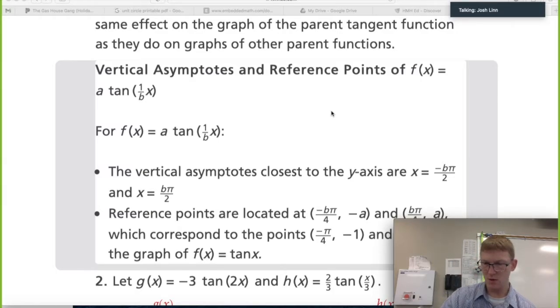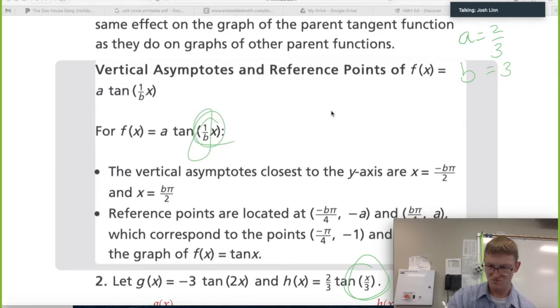So our A equals 2/3. Our B equals 3, because remember this guy right here. So 1 over B equals 1 over 3, and then however you want to do that algebra to make it make sense in your head.